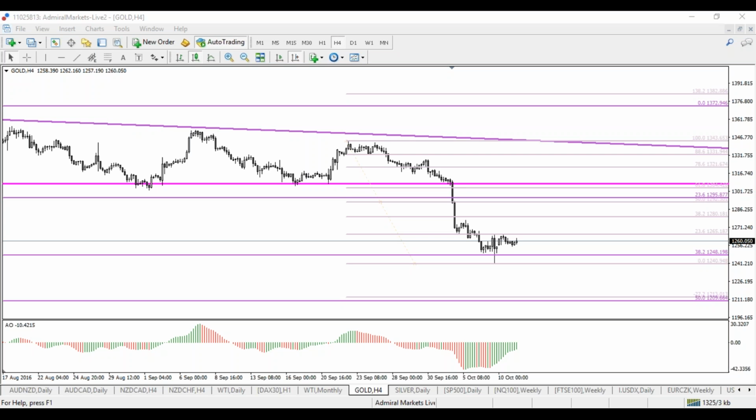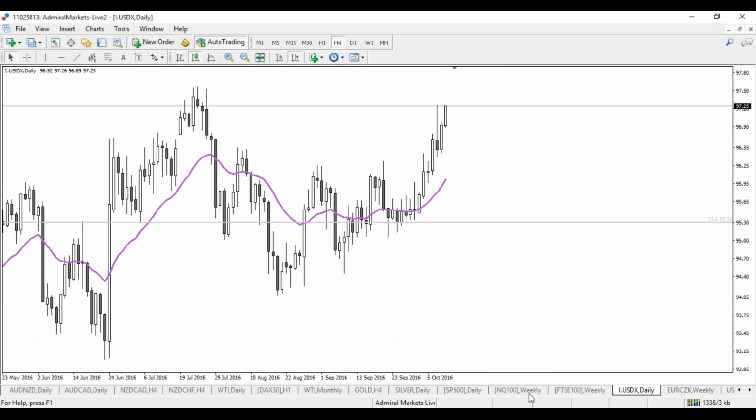Let's take a look at some other pairs. We got some yen pairs we can take a look at. Maybe quickly DAX and dollar index, a question here. And your dollar question. Okay. A dollar CAD, yes. Dollar index pushing indeed.